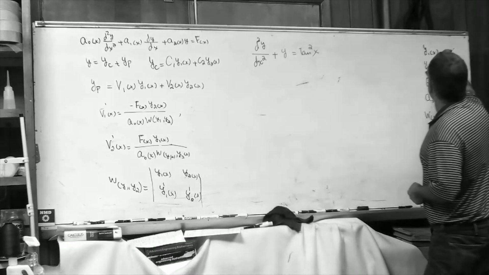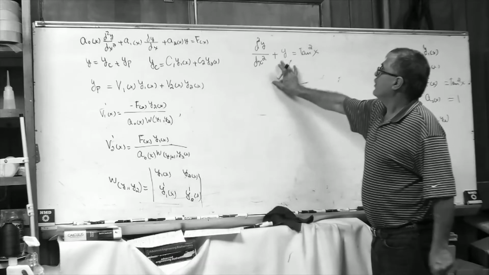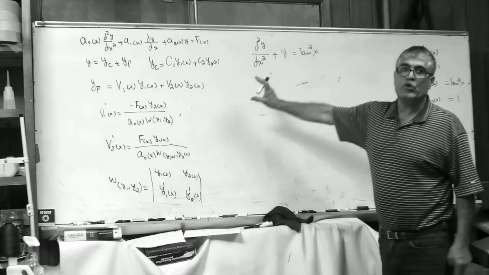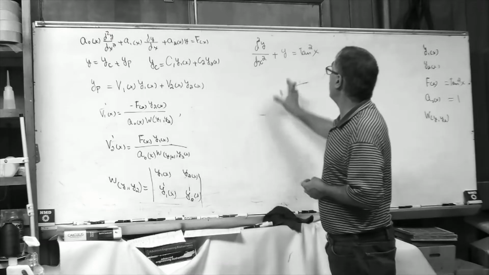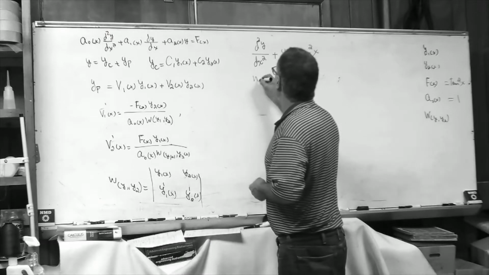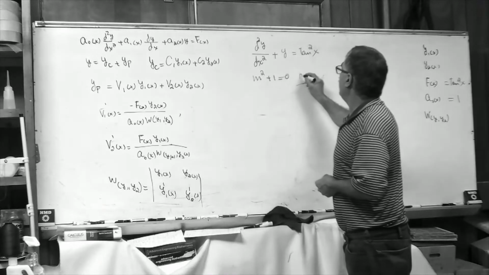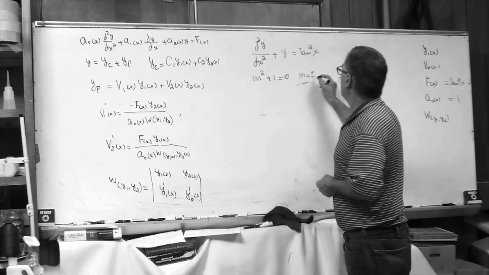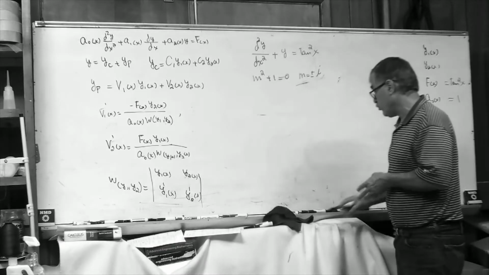Now, to find y1 and y2, we need to solve the corresponding homogeneous portion of this equation. So we can use the auxiliary polynomial and write this as m squared plus 1 equal to 0. So m will be equal to plus or minus i. So the roots are imaginary roots.